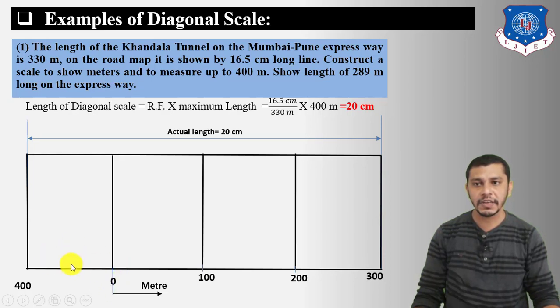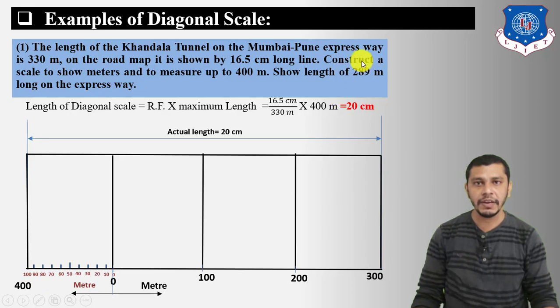So on this sub scale we will show the meter, because here one main unit shows us 100 meter. So divide this one unit into 10 subdivisions to show 10 meter each. 10, 20, 30, 40, 50, 60, 70, 80, 90 and 100.